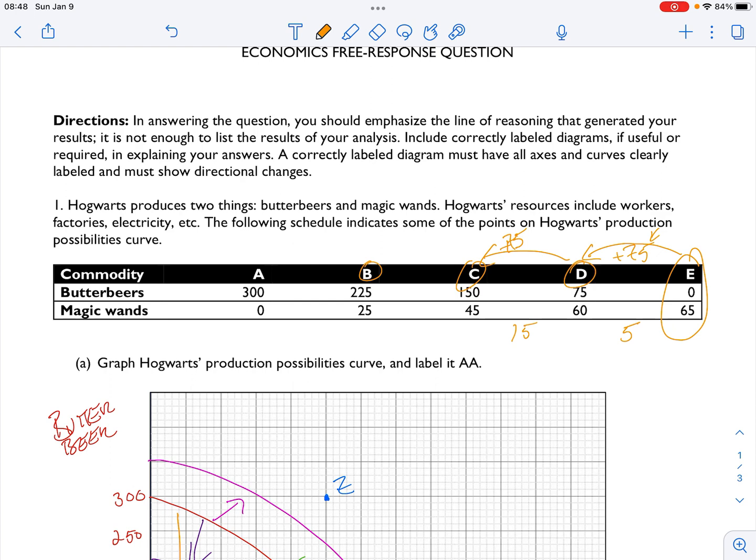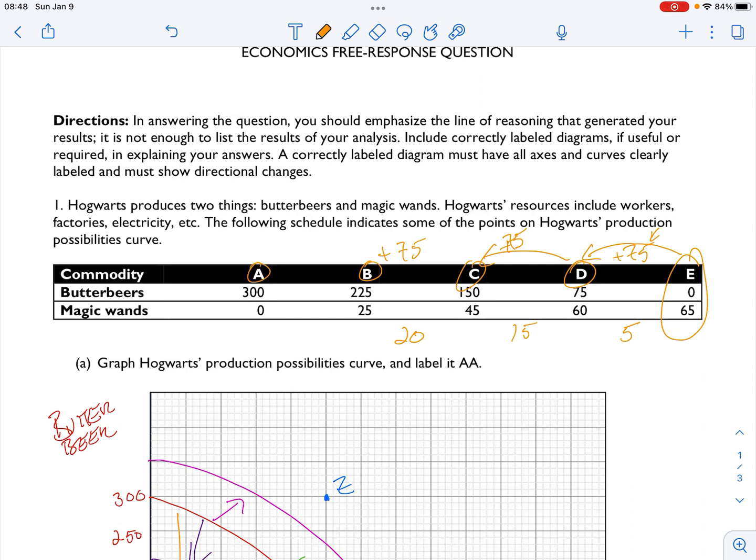You want to keep going? We go from C to B, you gain another 75 butterbeers, but notice now those 75 butterbeers from C to B cost you 20 magic wands. A further increase in the price of butterbeers as you increase butterbeer production.